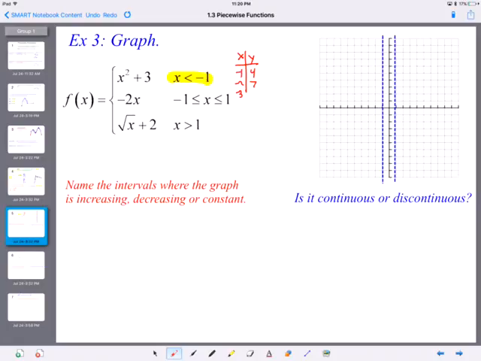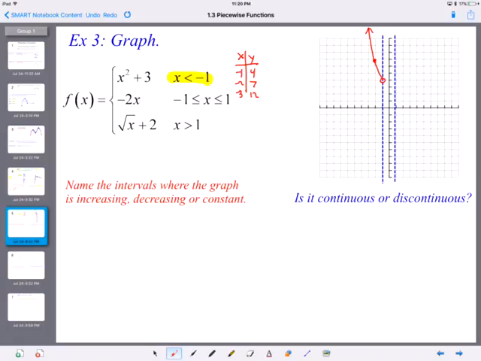And -3 squared is 9. 9 plus 3 is 12. So we won't be able to fit that one on the graph, but we can get -1, 4. Open circle, not included. -2, 7. And this is a parabola, it's not a line, so don't draw it as a line. And then -3, 12 is somewhere up here, so graph that. So there's the first part.